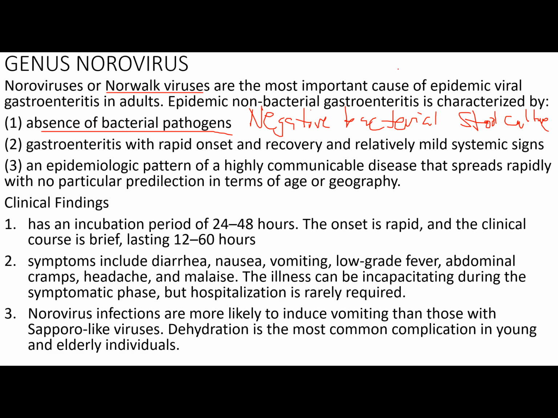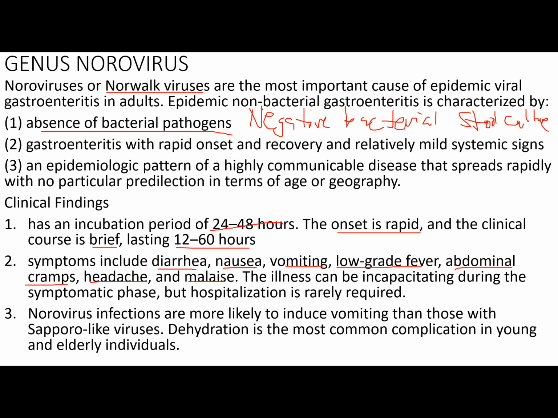So the clinical findings. The norovirus or the Norwalk virus has an incubation period of 24 to 48 hours. The onset is rapid and the clinical course is brief, lasting 12 to 60 hours. Symptoms would include diarrhea, nausea, vomiting, low-grade fever, abdominal cramps, headache, and malaise.